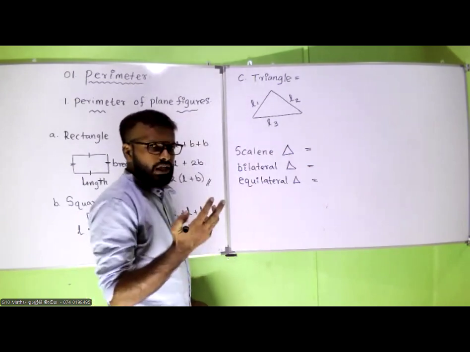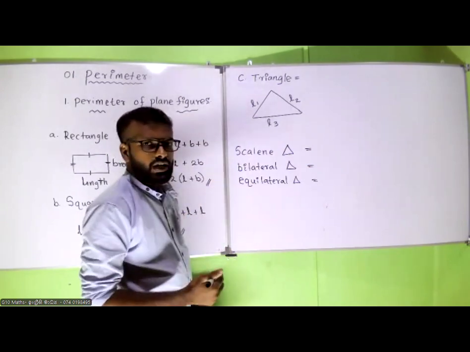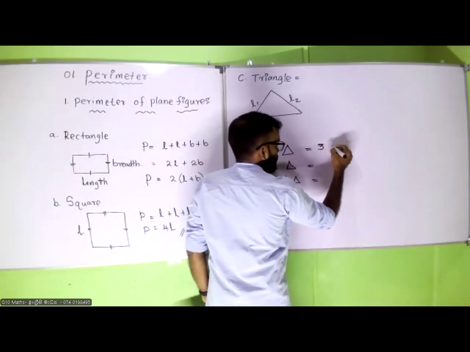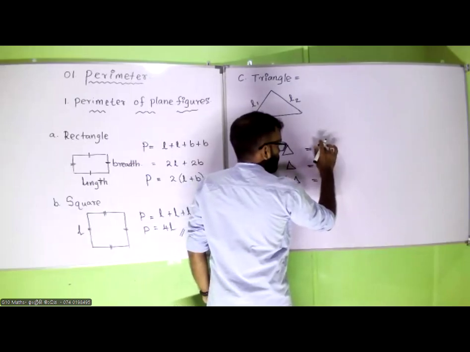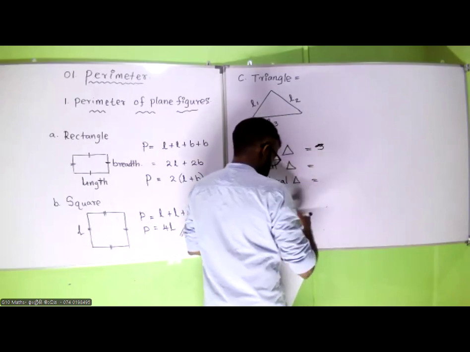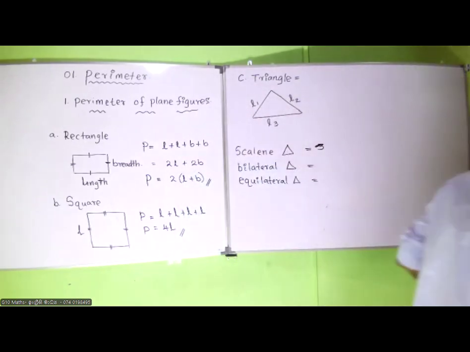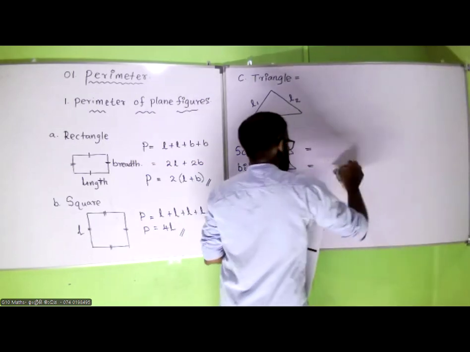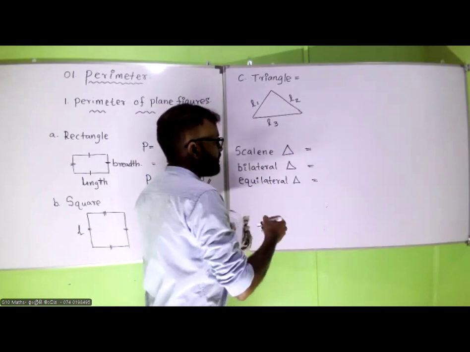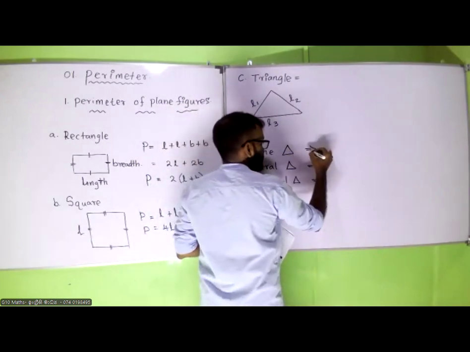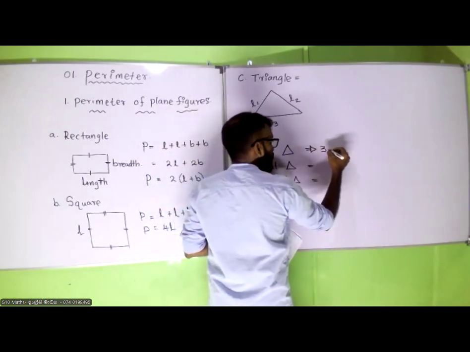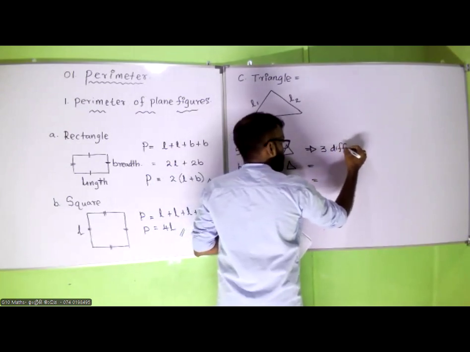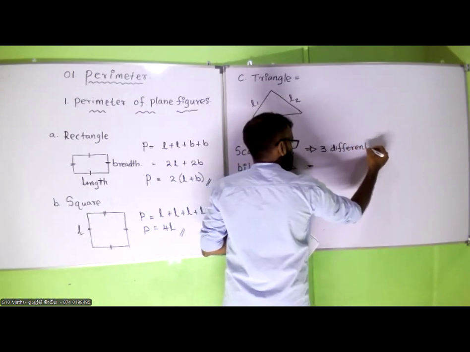In a scalene triangle, you have three different lengths. All lengths are different.